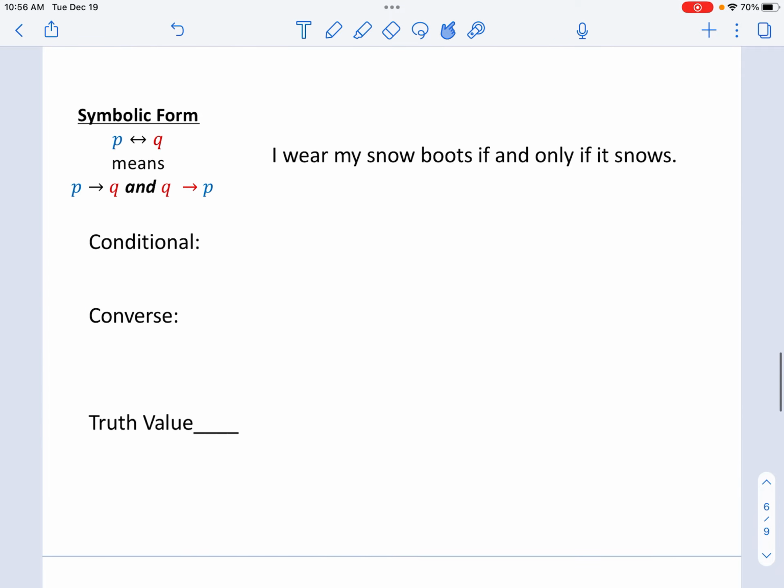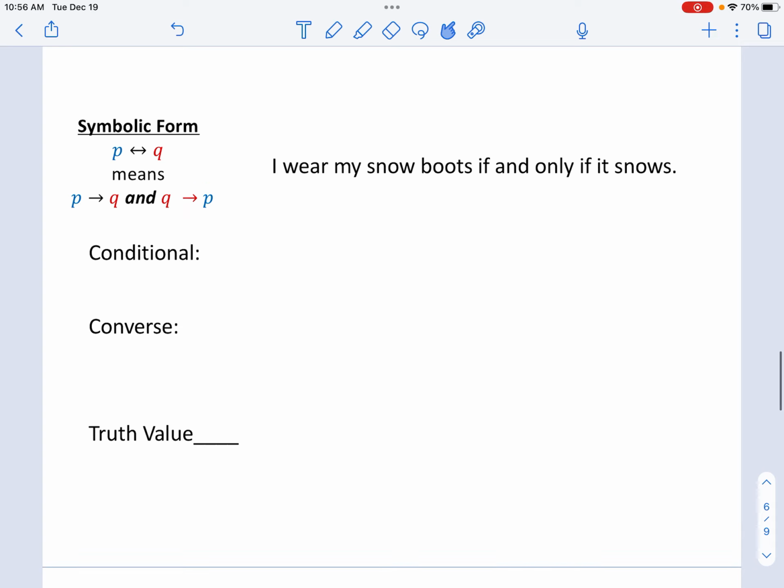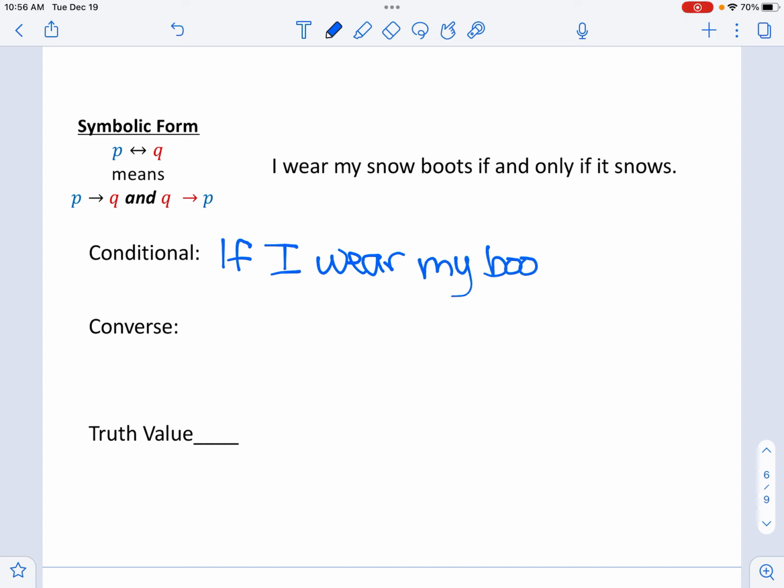Okay, so let's try this with another example. I wear my boots if and only if it snows. Okay, so conditional: if I wear my boots, then it snows.